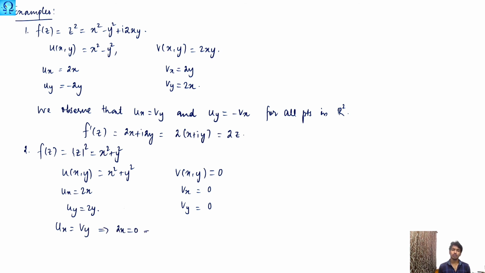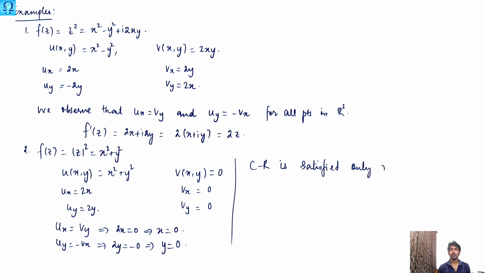Here, if you wish to check the Cauchy-Riemann equations, ux equals vy forces 2x to be 0. This is possible only when x is 0. And uy is minus vx, that is 2y is minus 0. This again forces y to be equal to 0. This is what we actually proved, right? So the CR equation is satisfied only at x equals 0 and y equals 0.